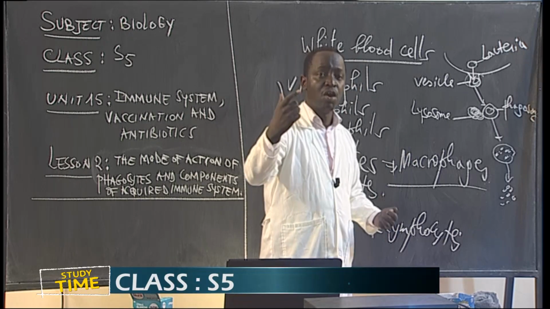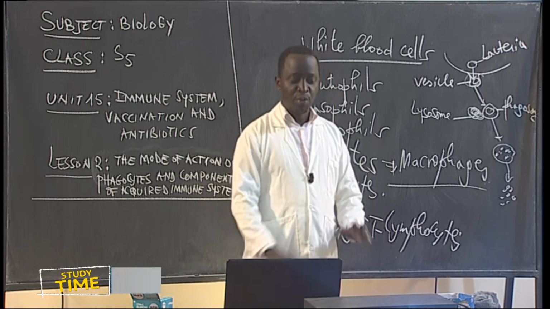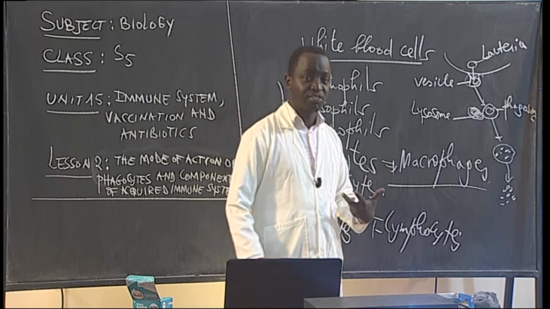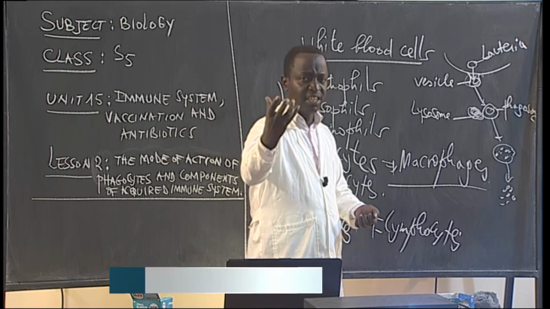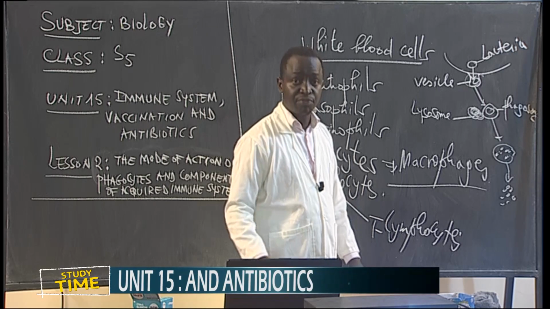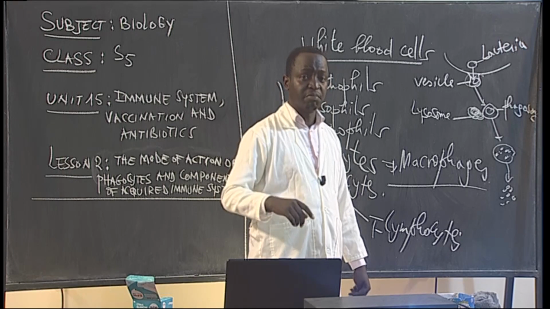Remember, when you have a problem with your kidney, sometimes you can get another kidney from someone else. Those kidneys that have been transplanted into your body can sometimes be rejected by the immune system.